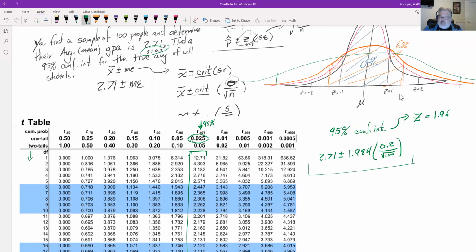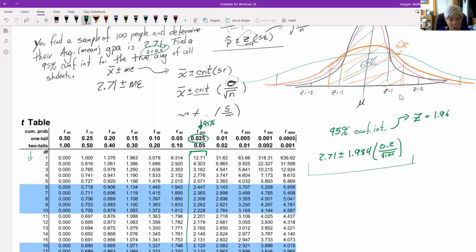The only time we don't have to use t-scores when doing confidence intervals for means is if we actually have the population standard deviation. If, for some reason, somebody knew the population standard deviation in this problem, then you could use that and use the 1.96.